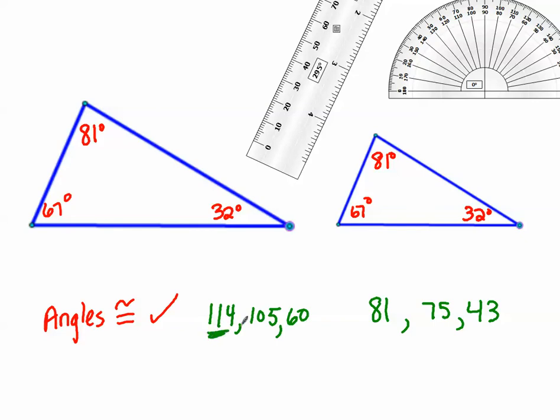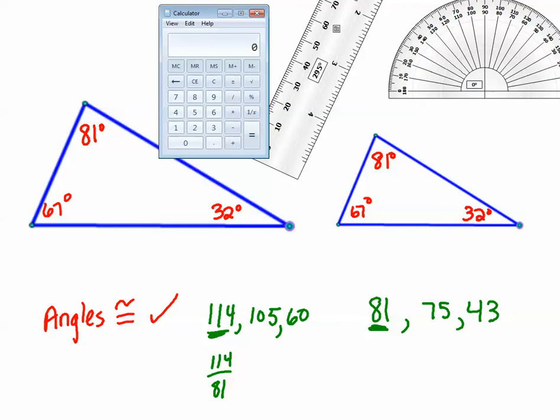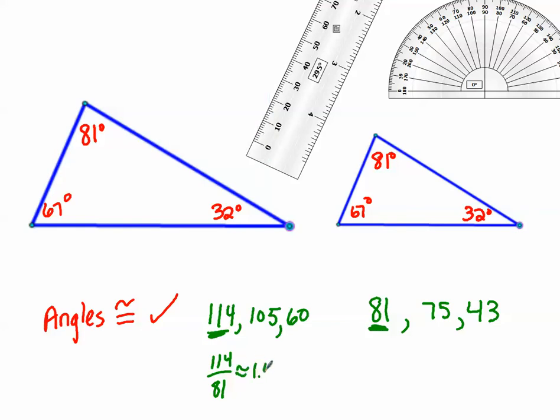So I'm going to take the longest sides and make ratios out of them. 114 over 81. We'll take out our calculator and simplify this ratio. 114 divided by 81 equals about 1.4. That's approximately 1.4.